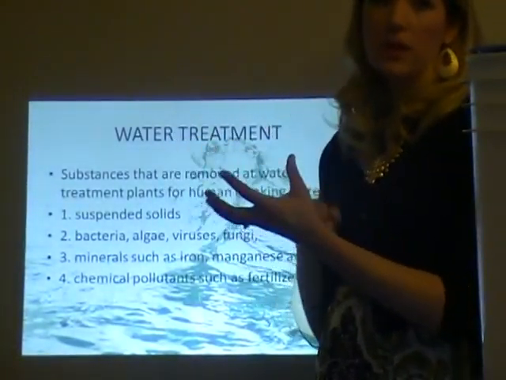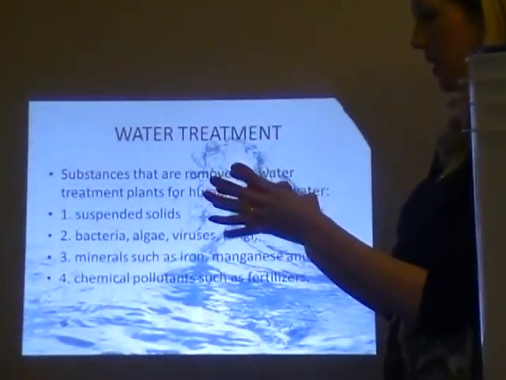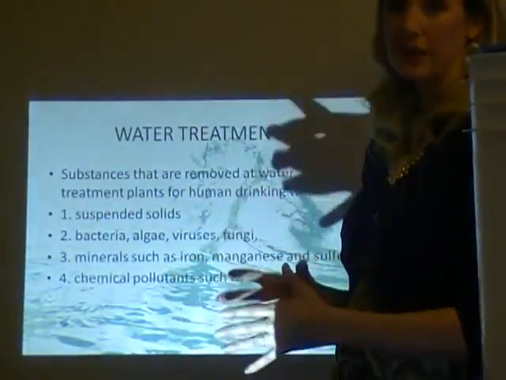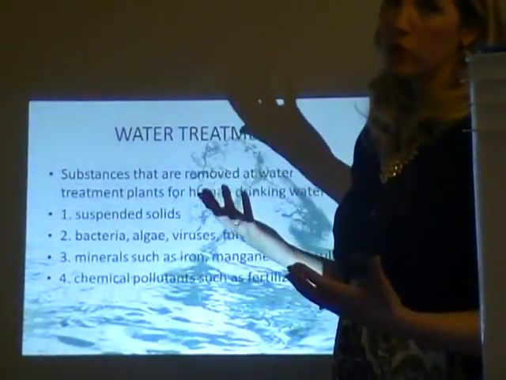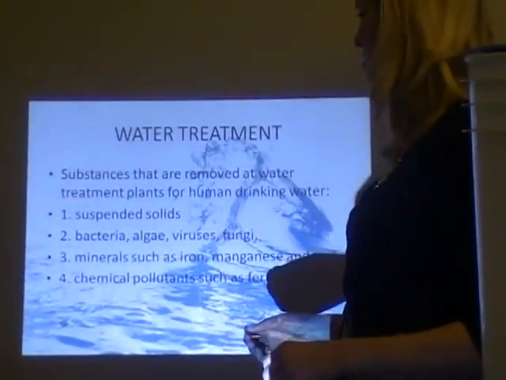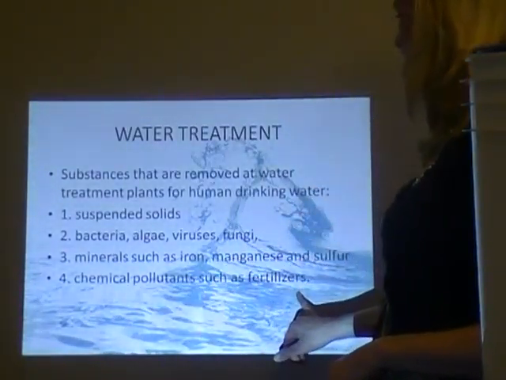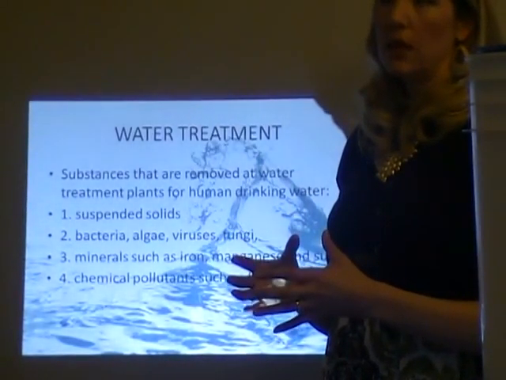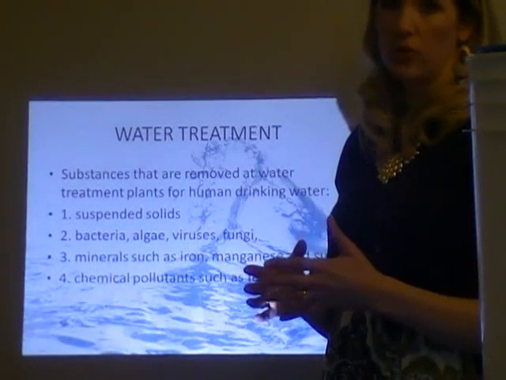It's just going to take all of those minerals, and as it funnels through, it will usually purify out the excess. You don't know for sure, you are taking a chance when you do that. Chemical pollutants such as fertilizers also get chelated out in activated charcoal filters.